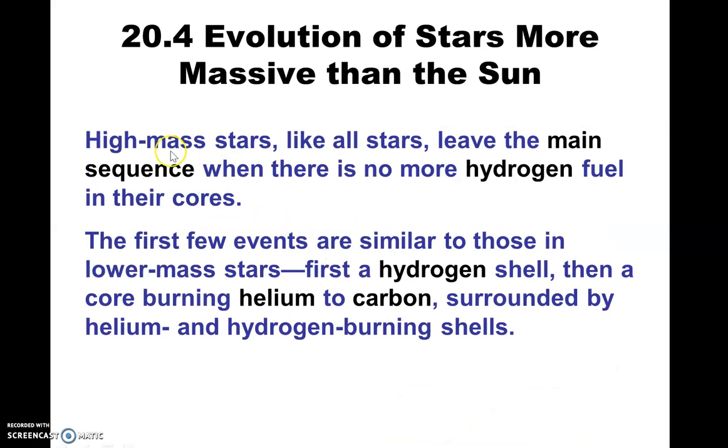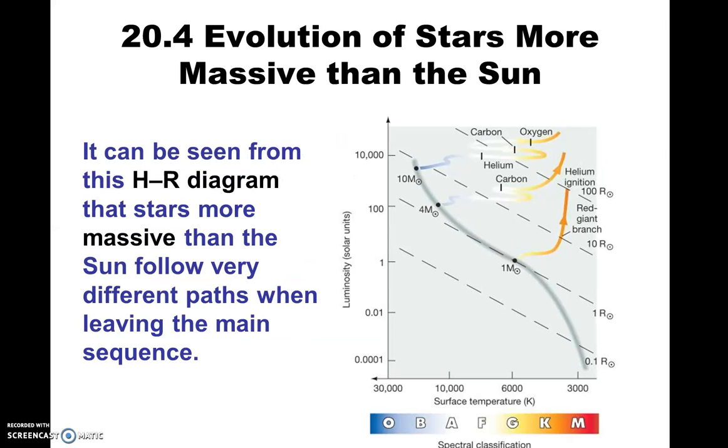So high mass stars, like all stars, leave the main sequence when there's no more fuel. You will get this hydrogen shell around, and the hydrogen shell will begin to burn, and of course that causes the star to heat up, and after it's left, the star will move in this direction, right?